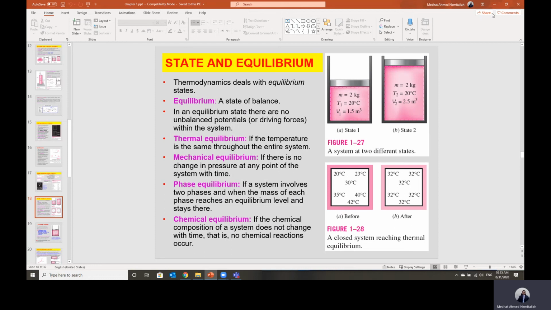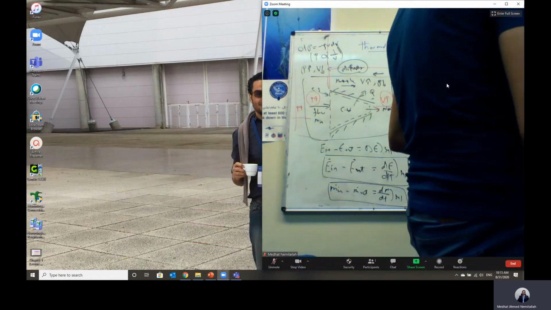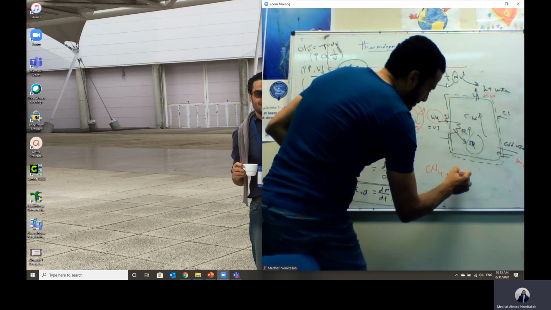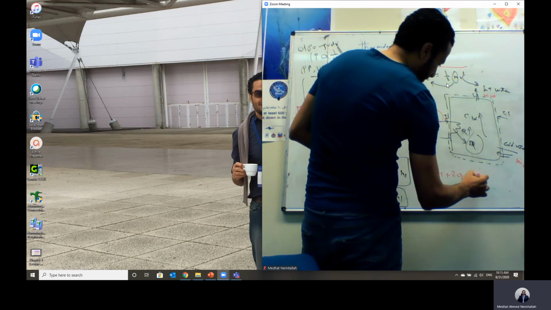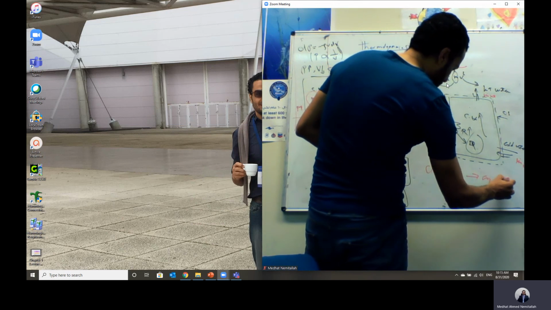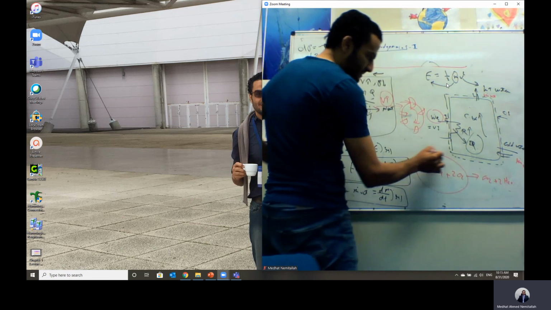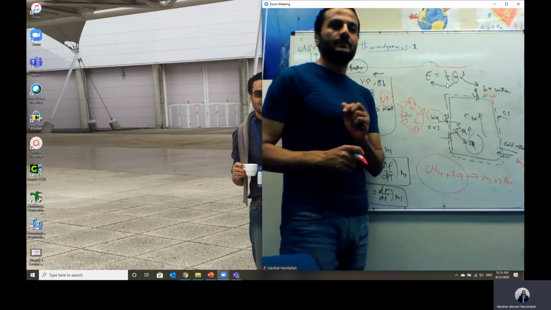So if we are burning, let's say, methane, CH4 as an example, with oxygen, this will need about 2 oxygen molecules to give 1 CO2 plus 2 H2O. So if I'm studying this system before the reaction, I have the species methane plus oxygen.